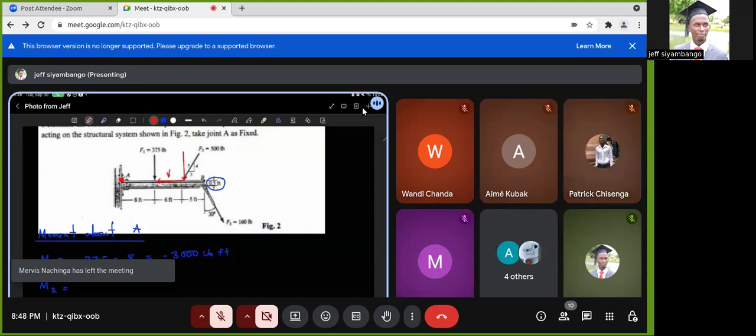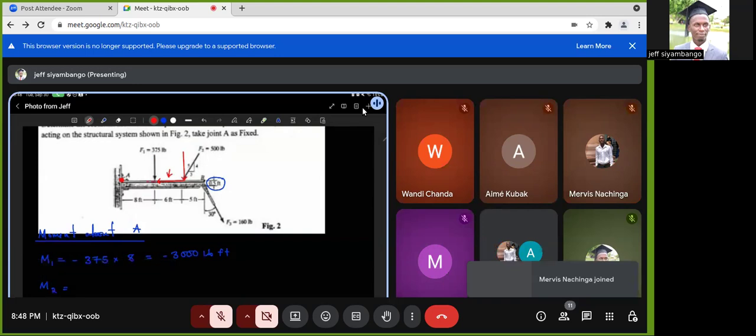The one that acts horizontal, observe that its line of action comes to pass through A. Therefore, that force will not cause a moment about A. The vertical component, however, will cause a moment about A. So we are only interested in the vertical component.